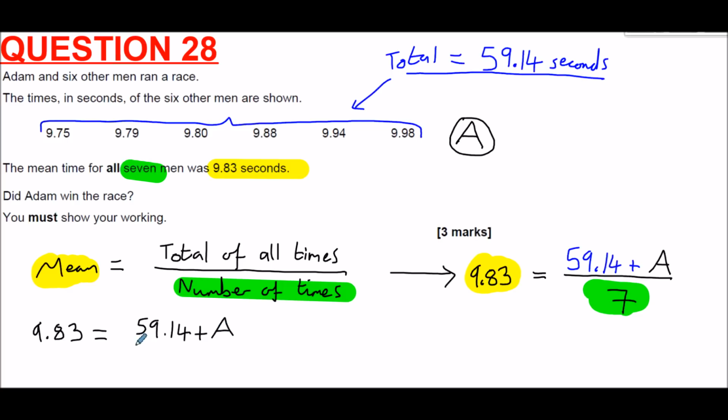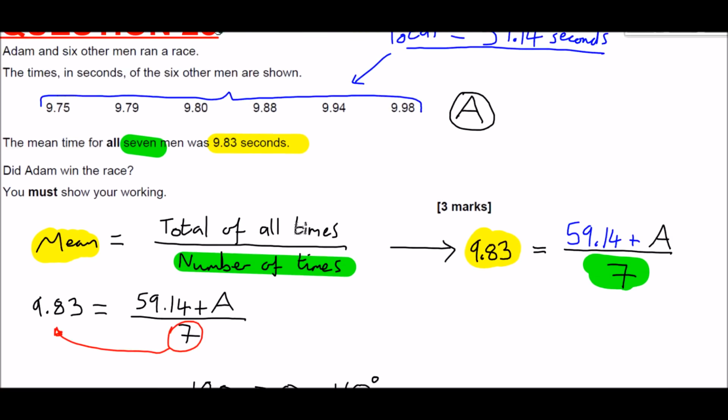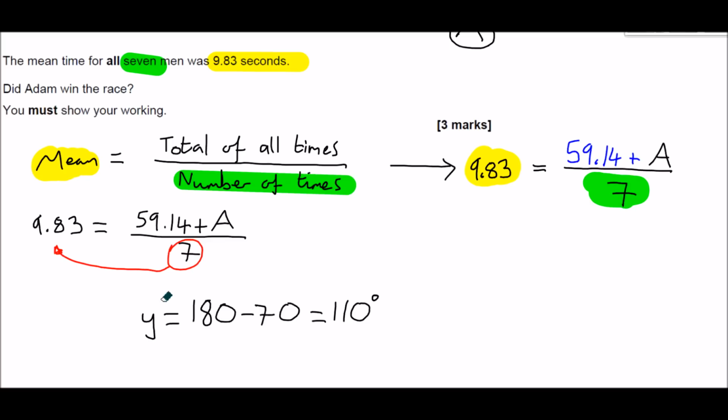This whole thing on the top is being divided by the 7. And so if we just move this 7 along to the other side, let's clear that away.